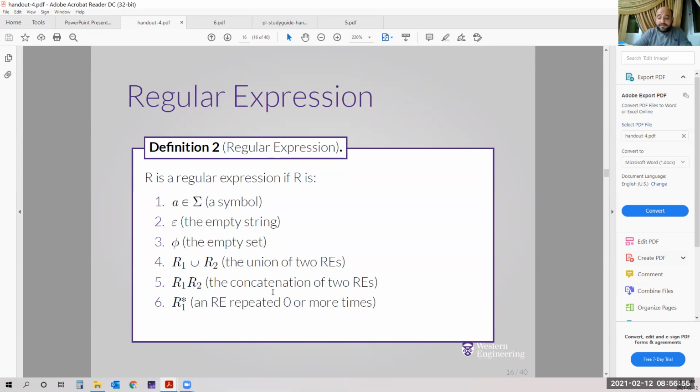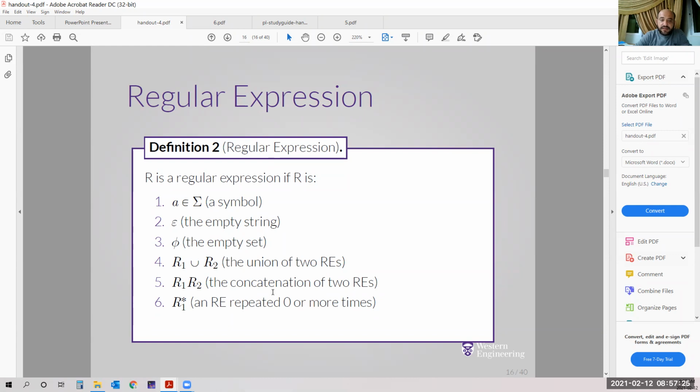R is a regular expression if R is a symbol that belongs to the alphabet, or epsilon, which is the empty string, or phi, which is the empty set, or R1 union R2, the union of two regular expressions, or R1 dot R2, which is the concatenation, but in regular expressions we drop the dot.